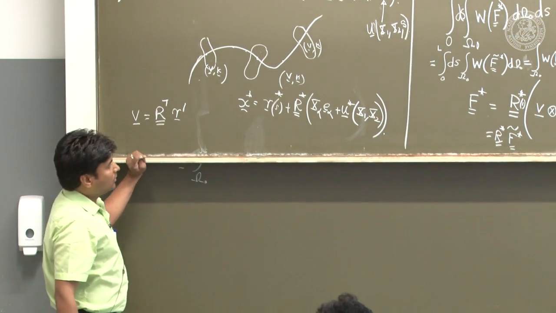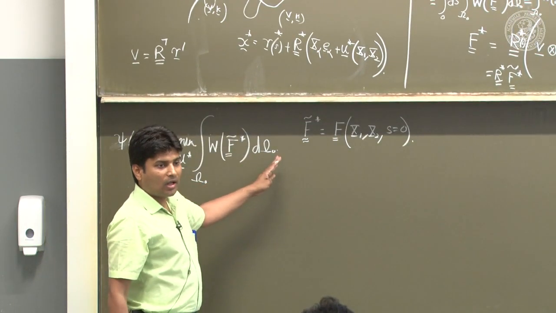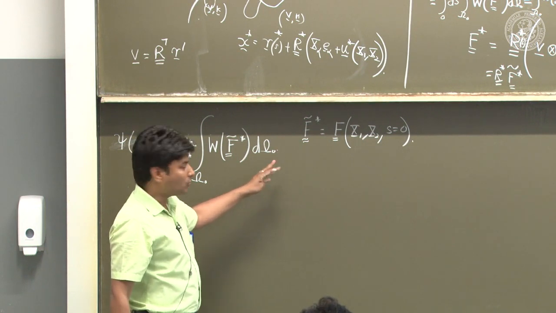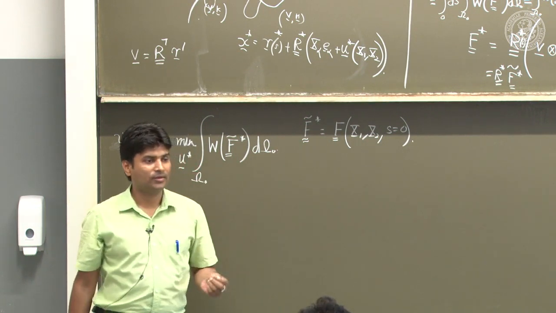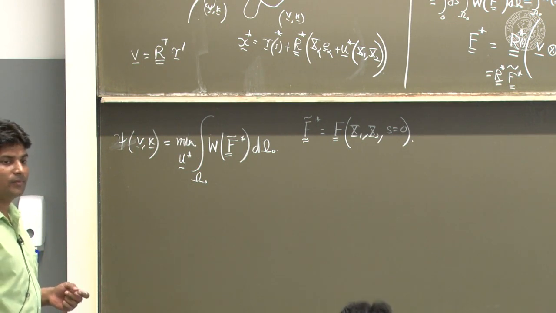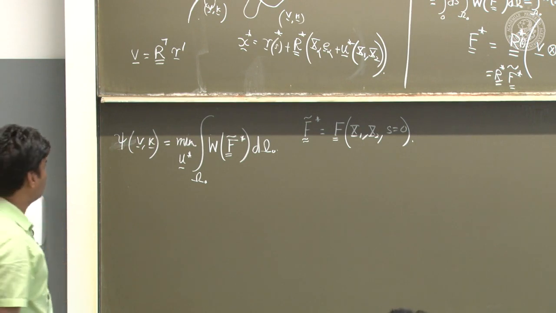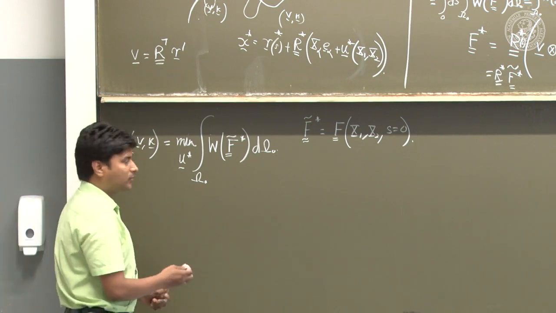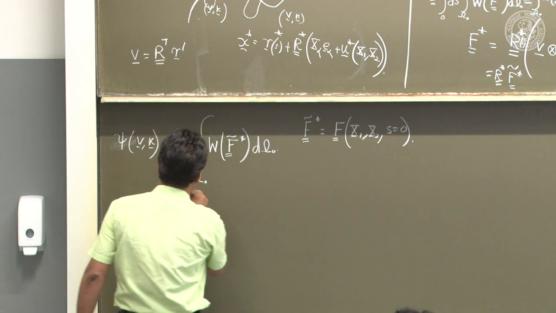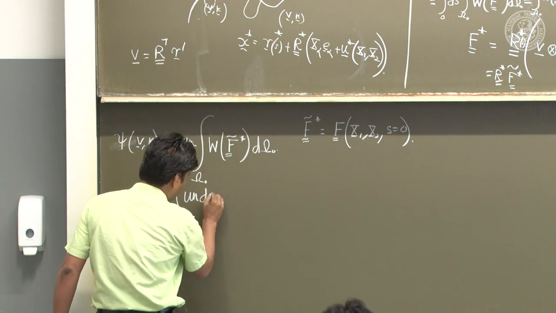So, this minimization therefore has to be done under some constraints on this u star.